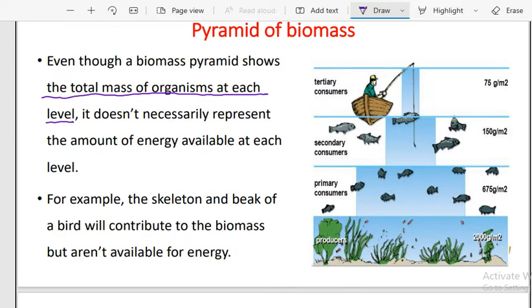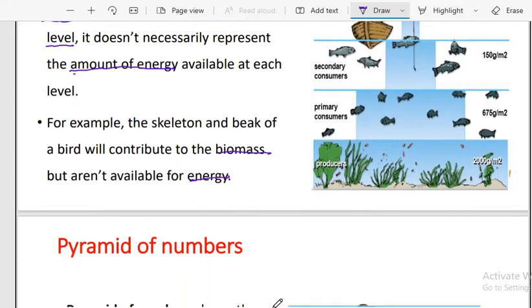It doesn't necessarily represent the amount of energy available at each trophic level. For example, the skeleton and beak of a bird will contribute to the biomass, but aren't available for energy. That's just it, but it also has a pyramid shape. Then this will now take us to the next one, which has to do with pyramid of numbers.